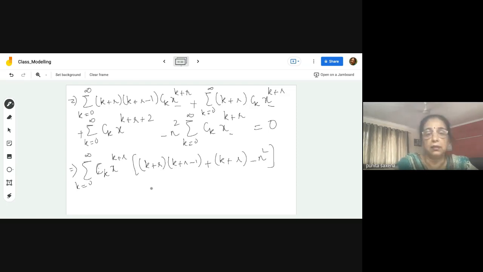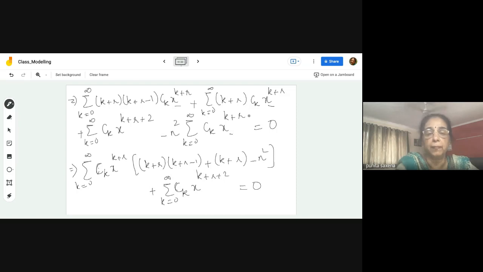And the last summation is going to be summation ck x to the power k plus r plus 2, k from 0 to infinity, equal to 0.